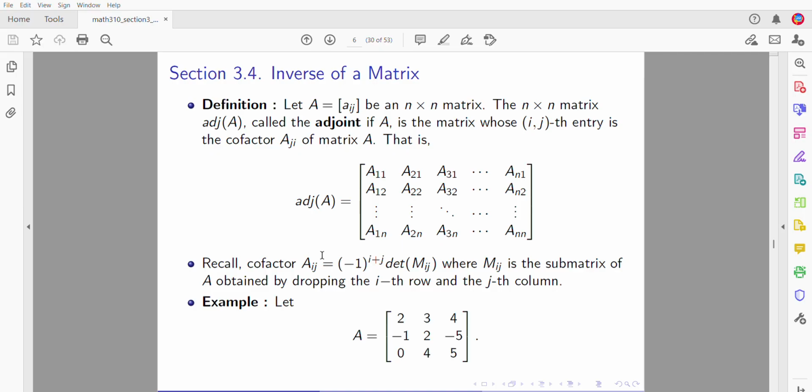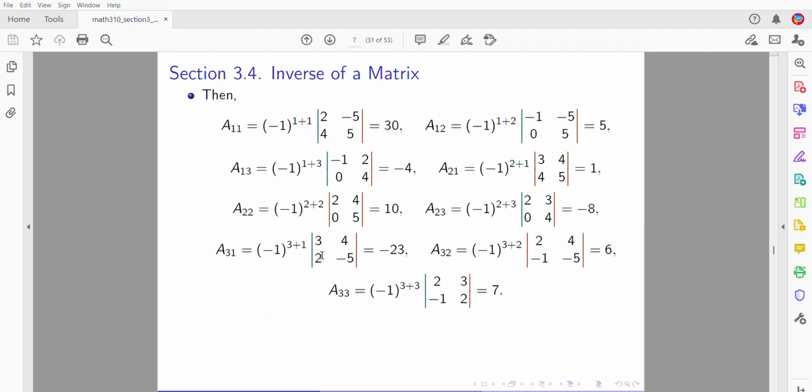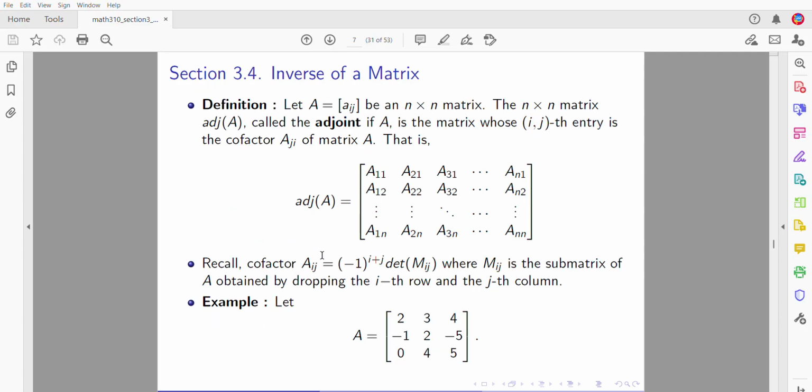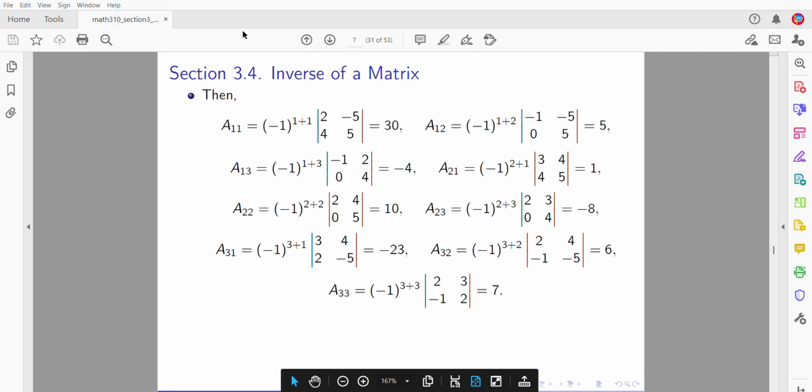Let's look at this example. That's a construction of the adjoint matrix. So what did we do? There are 9 entries. For each entry, find its cofactor. That is A11: drop its row and column, 2, negative 5, 4, 5 remain, with the sign, that is the A11 cofactor.